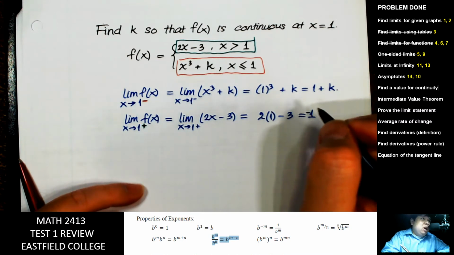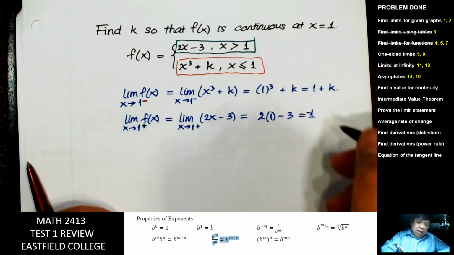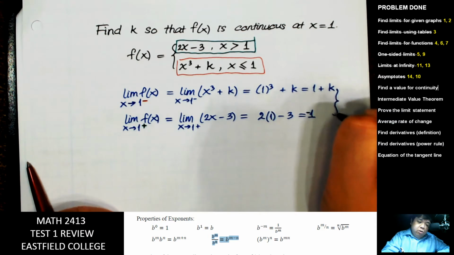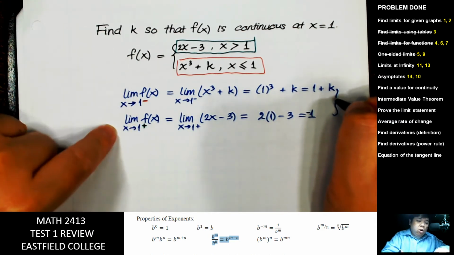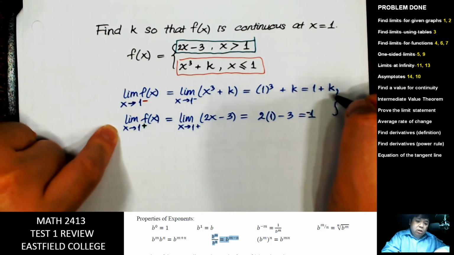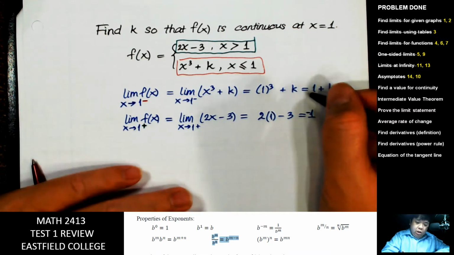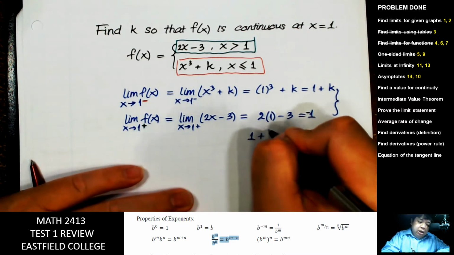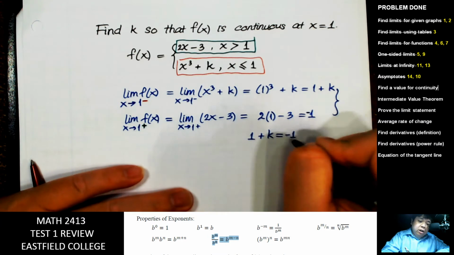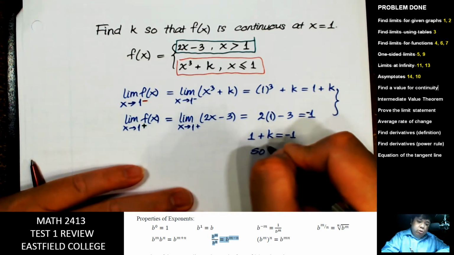Right, now the limit must exist. So in that case, these two must be equal, because the limits from the left side and the right side must be equal. So we have 1 plus k equal to -1, and so k is equal to 2.